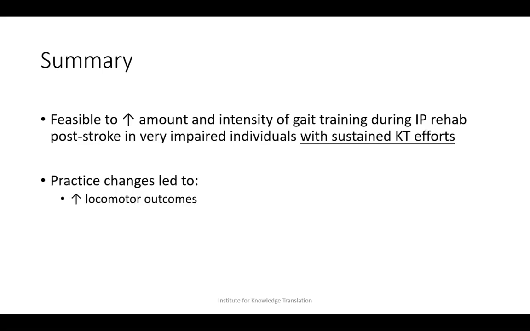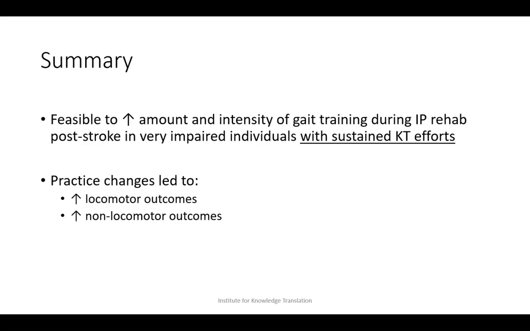When we worked to make this happen, we found that we got improved walking outcomes, and we talked throughout about all of the benefits of being able to walk better, in particular discharging home, as well as walking being the primary goal of patients post-stroke.